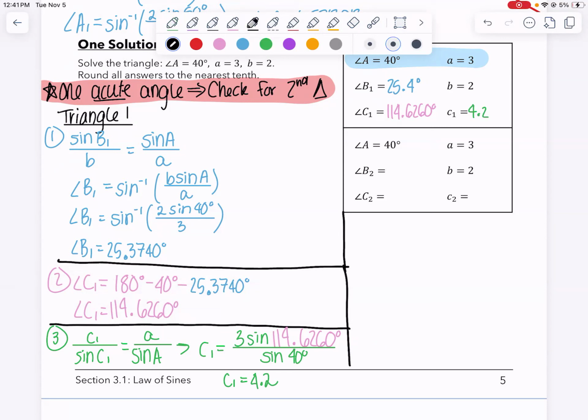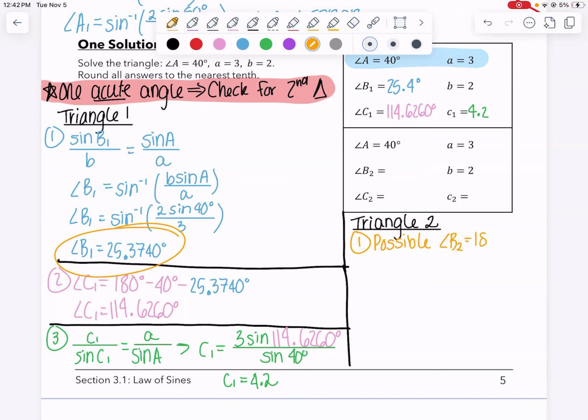Now, I have done triangle 1. I need to check for triangle 2. For triangle 2, the very first thing that you do is you're going to take the first angle you solved for here. You're going to do 180 minus that angle, and that will be the possible angle B2.